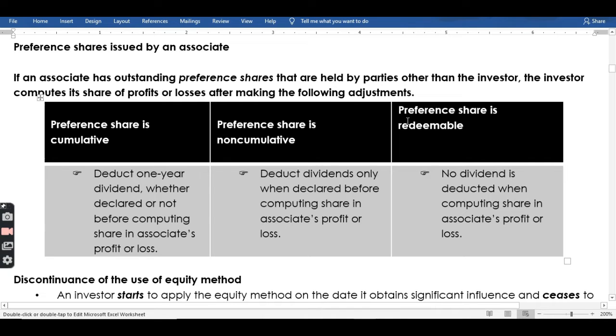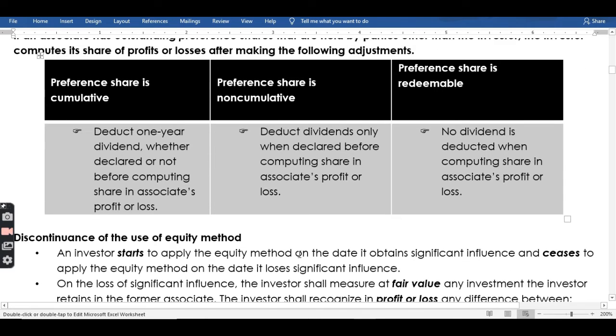So if this is a redeemable preference share, it is in essence a liability pero equity yung form niya. Okay, so ang gagawin mo doon, yung dividend ngayon is not going to affect your profit or loss kasi yun ay na-deduct na as interest later on. Okay? Nandun na kasi siya. Okay, so hindi na yun kailangan bawasan pa ulit kasi madodoble.